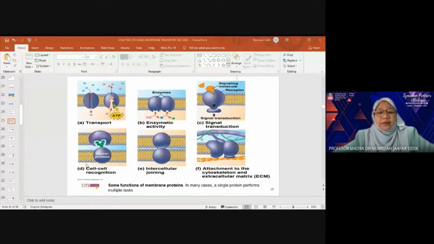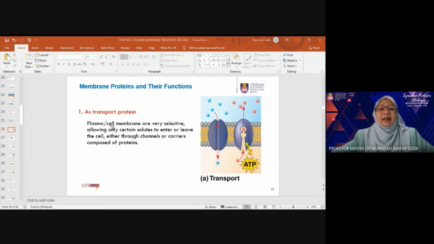They are also involved in cell-to-cell recognition, and act as intercellular joining. They also act as attachment to the cytoskeleton and extracellular matrix. I will go through the functions of these membrane proteins one by one. First, we look at the first function, as a transport protein.